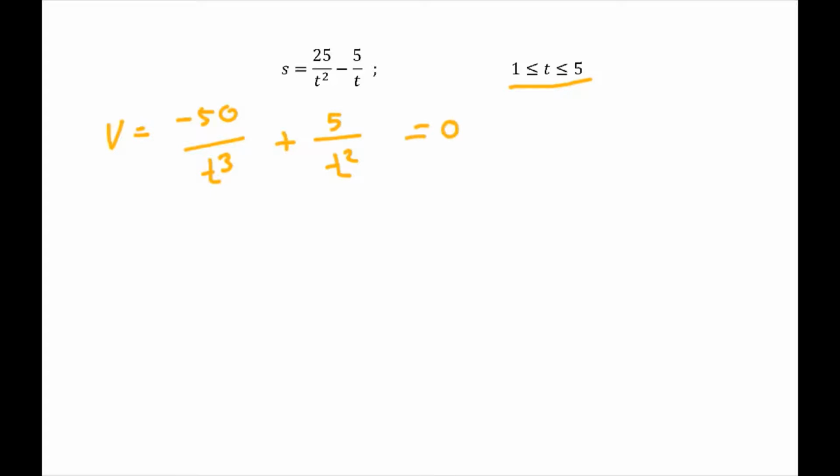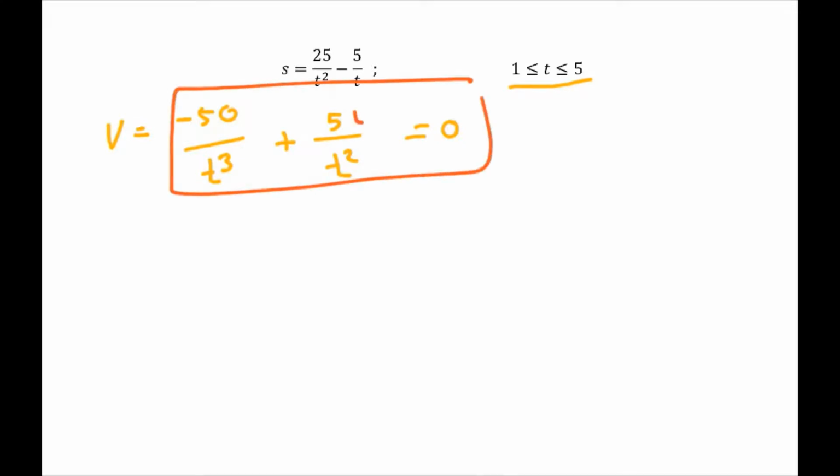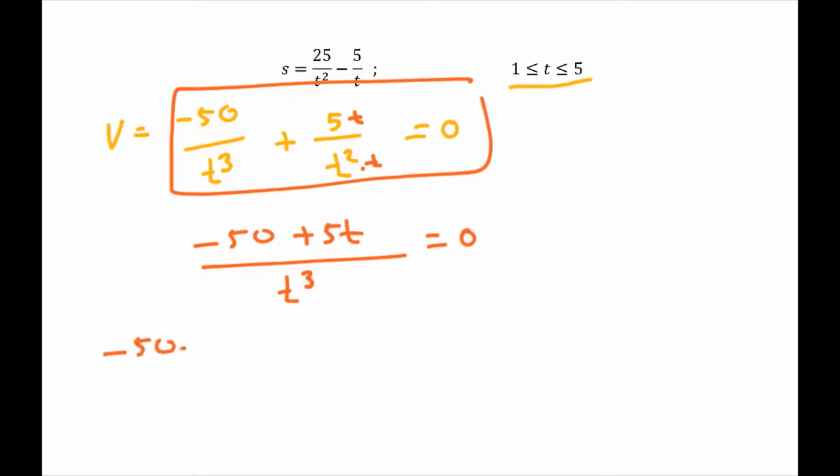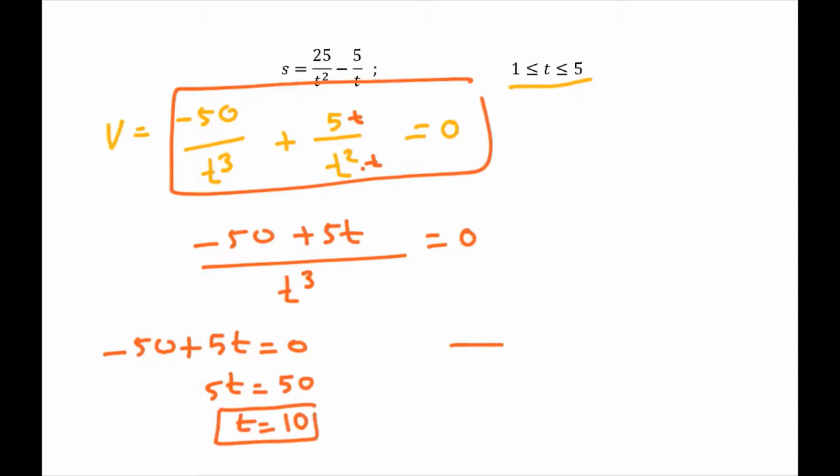So if you make this equal to 0, you are going to solve this by multiplying this by t and this by t to make it like a common denominator. When you cross multiply, you are going to get negative 50 plus 5t equals 0. And you can solve this, t equals 10. At t equals 10, the velocity was equal to 0.